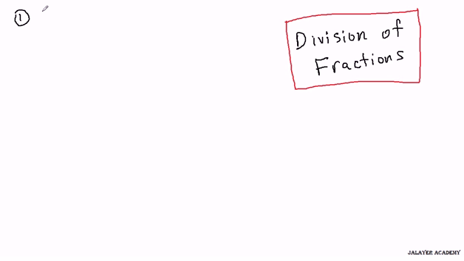Okay, so let's start with this. 1/2 divided by 2/3. Okay, so you don't just work across with division. There's actually an intermediary step, and in this step what you do is you write the first fraction, and then instead of writing division you write multiplication.